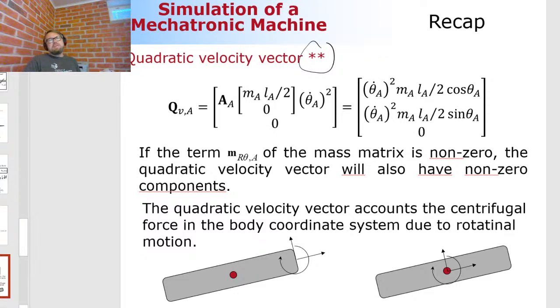Not so important. This is non-zero only if the body reference coordinate system is located outside of the center of the mass. And this is kind of how the body reference coordinate system experiences rotation, and that's kind of the physical interpretation of quadratic velocity vector.